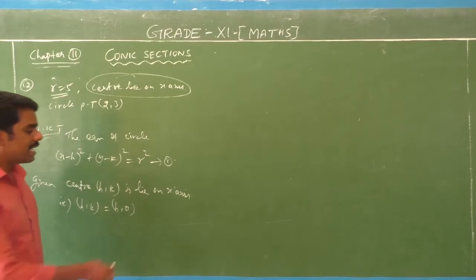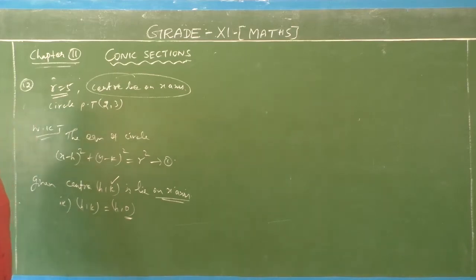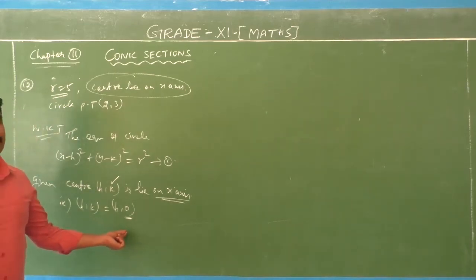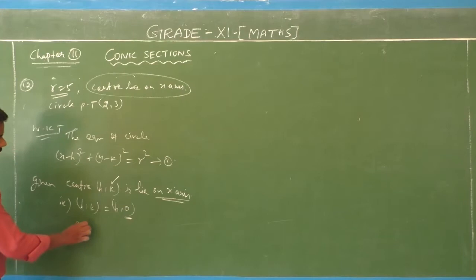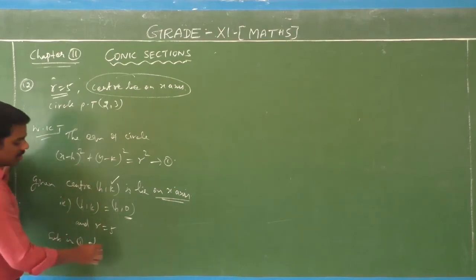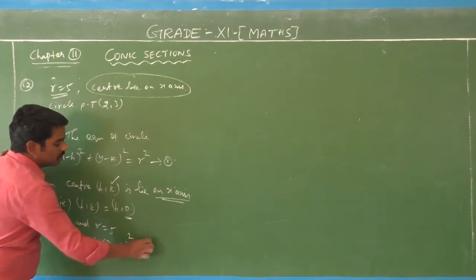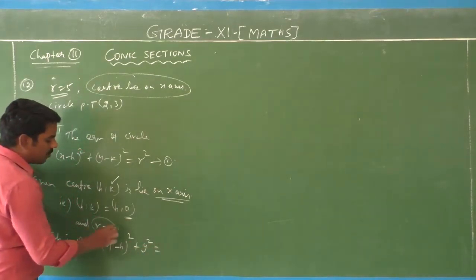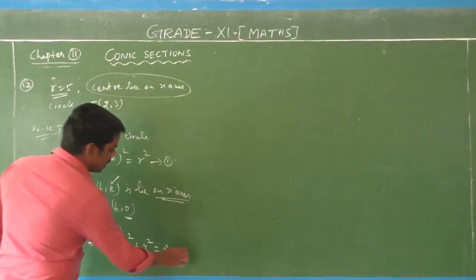For any point on the x-axis, the y value is 0, so the k value is 0. Let us consider the center point as (h, 0). Substitute (h, k) equals (h, 0) and radius r equals 5 in equation number 1: (x minus h) the whole square plus (y minus 0) the whole square, which is y square, equals 5 square, which is 25. This is equation number 2.